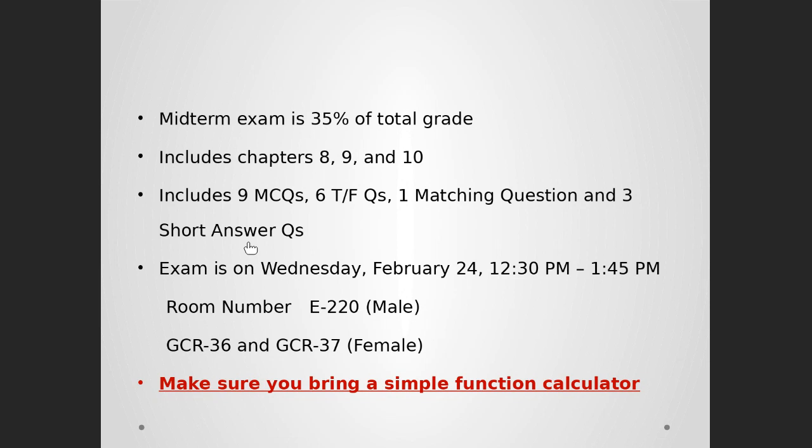Okay. The exam is on Wednesday at 12:30, and you're divided into two rooms, 36 and 37. The original capacity of these rooms, if I'm understanding correctly, is to hold 90 students. So they are equipped to hold 90 students, and we're going to have 22.